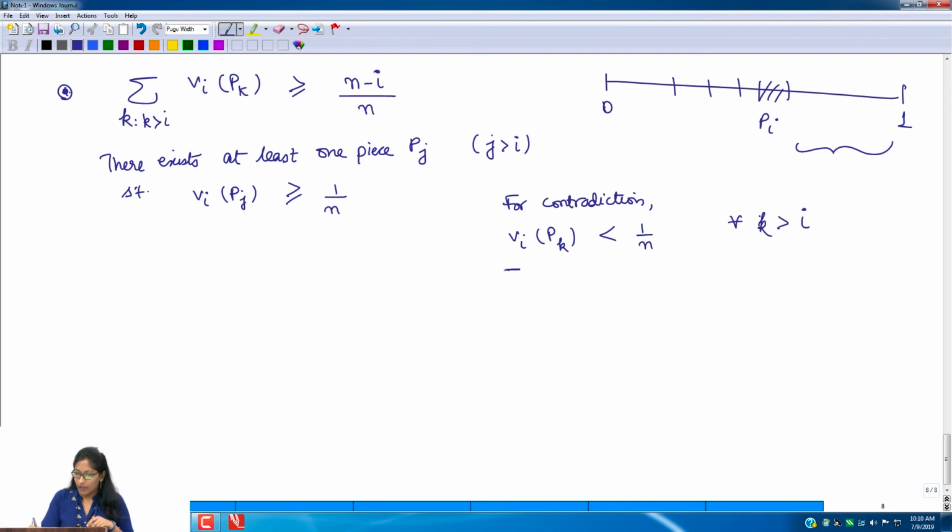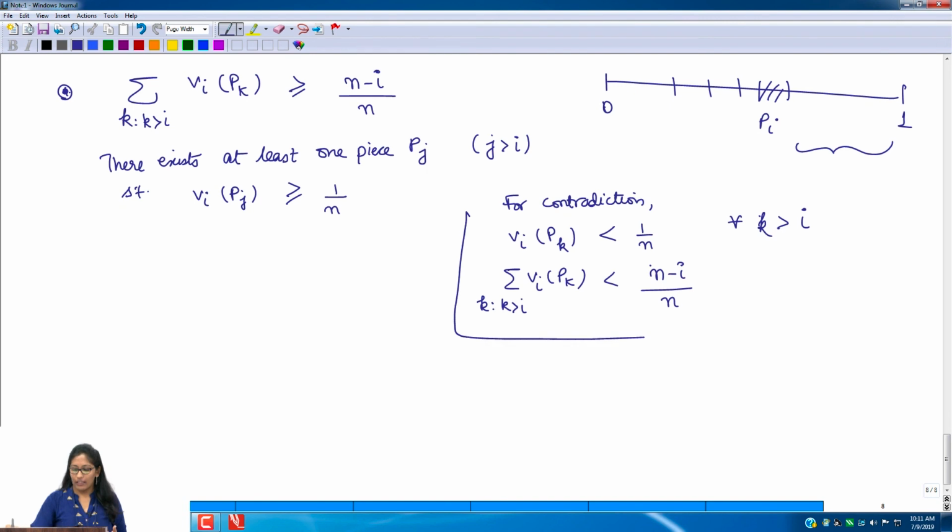If I sum it up again, vi of pk for all k's coming after i, what I'll get is less than n minus i by n, right? There are n minus i remaining pieces here, and all of them are valued at less than 1 by n, and therefore if you sum it up you'll get this.